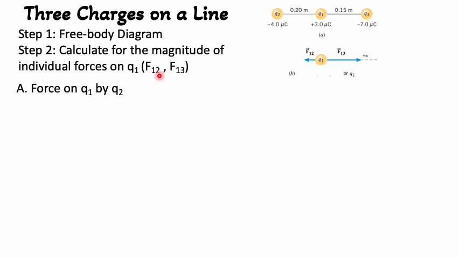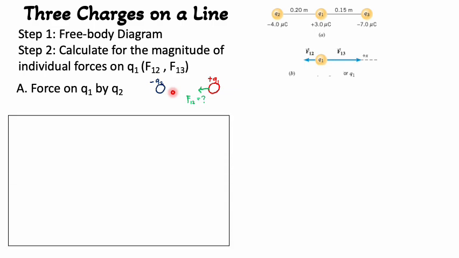And you can actually make another free body diagram to make it simple. If we are going to draw it, the force acting on Q1 because of this negative charge 2 is like this. It's represented by this vector. So, let's find out what the force is using Coulomb's law.